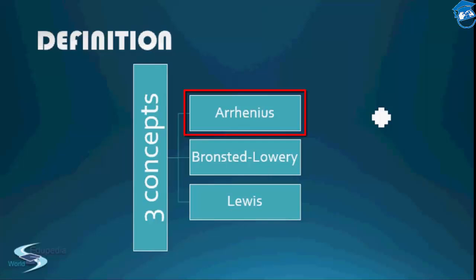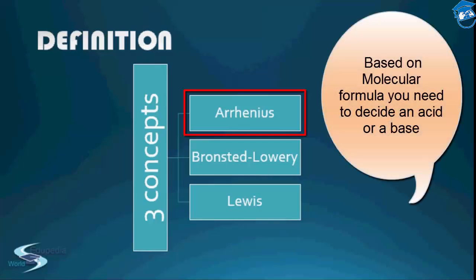So you're simply going to look at a molecule's molecular formula, and based on that you should be able to decide whether it's an acid or base. Ultimately you will have to memorize most of the stuff, but based on some key concepts you will be able to devise a method to memorize that.